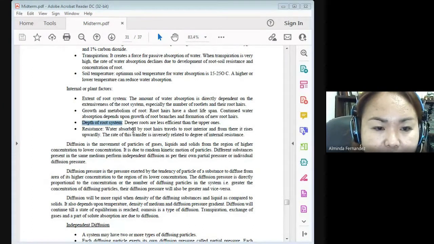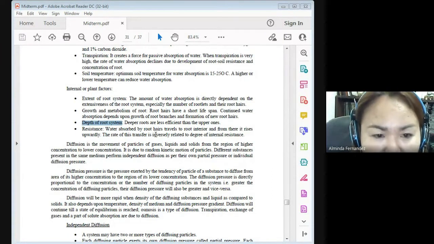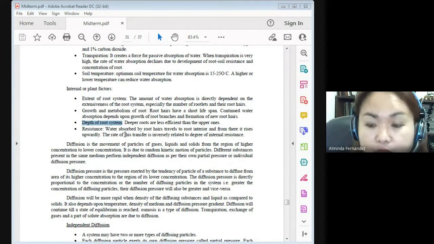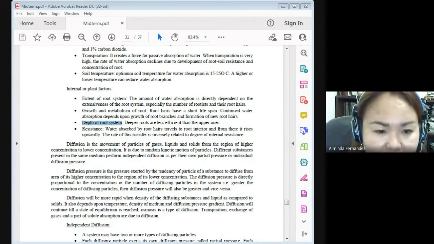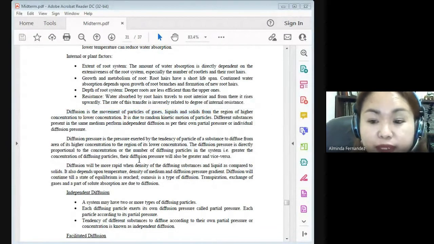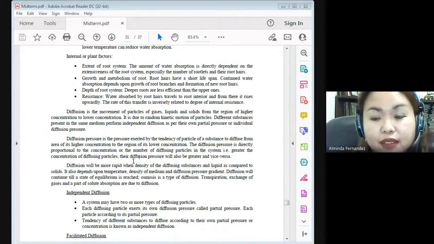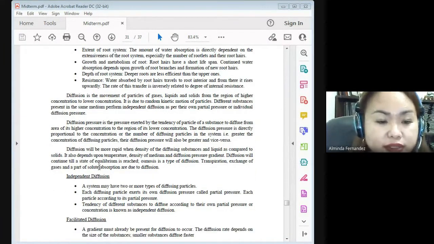Water is absorbed by root hairs. It travels to the root interior and rises upward. So it also depends on the rate of transfer. Earlier, diffusion was mentioned as the movement of particles of gases from higher to lower concentration.